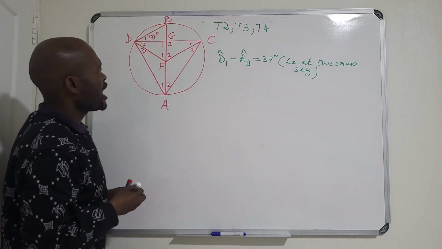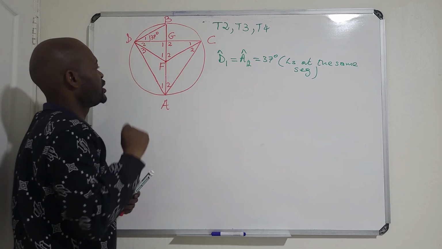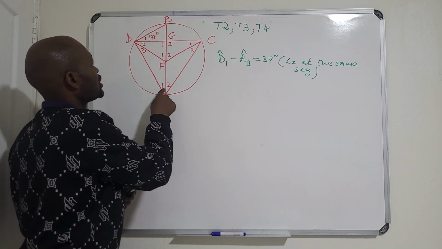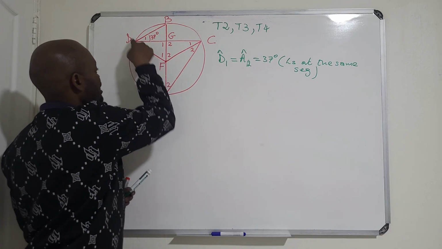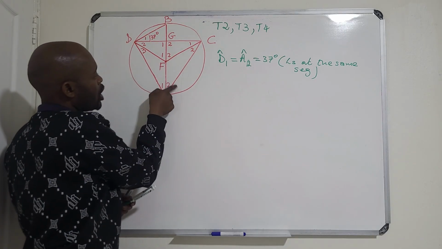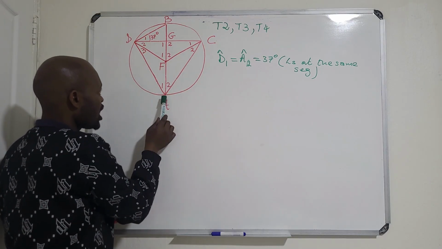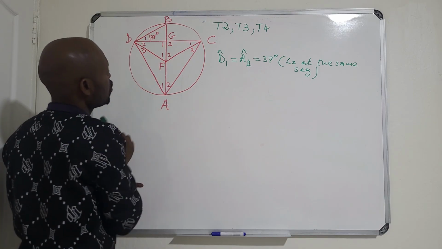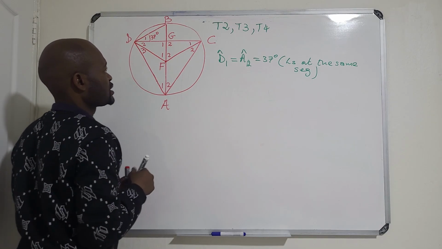Now, another angle that is equal to D1, because they said they want 3, is this one. Since we're told that BA bisects this whole angle, this line bisects this whole angle. It means that this is equal to that when it bisects.